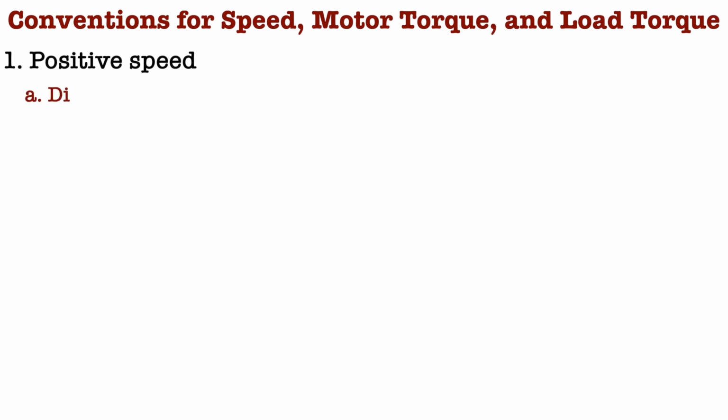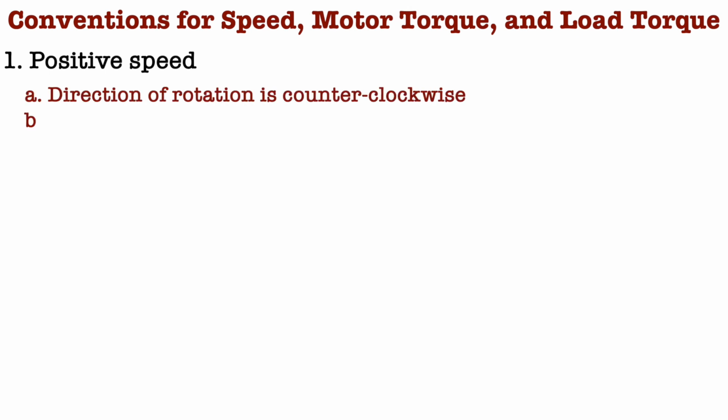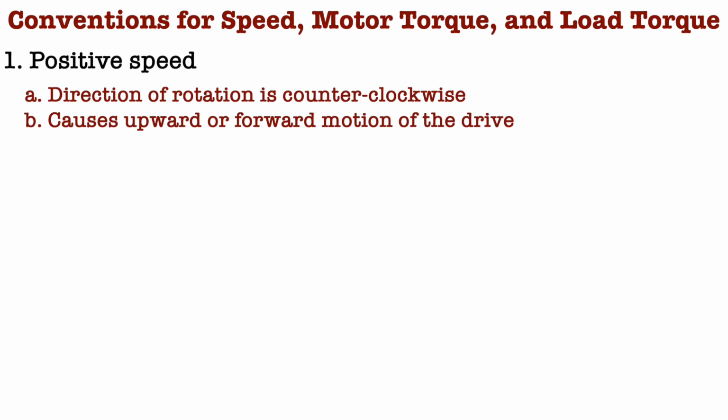Now, let us see the conventions used for positive and negative values of speed, motor torque and load torque, which govern the power flow analysis of electric drive systems in the four quadrant operation. The speed is assumed to have a positive sign if the direction of rotation is counterclockwise or is in such a way as to cause an upward or forward motion of the drive.